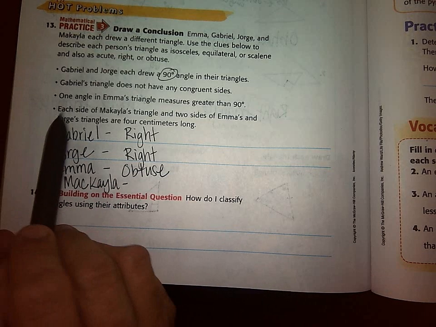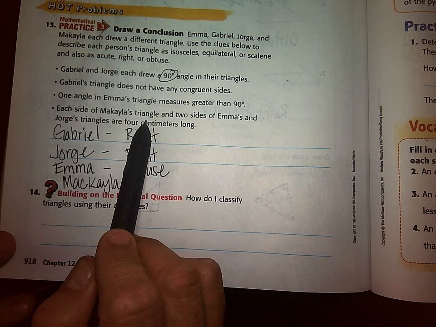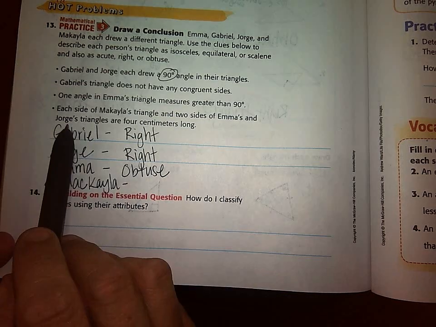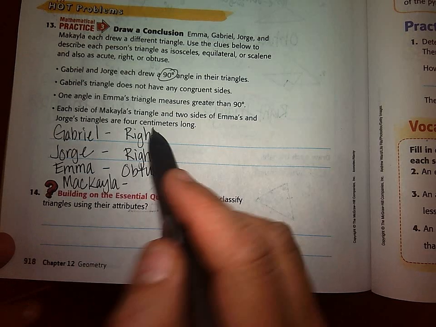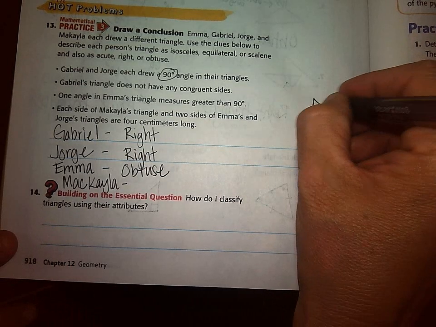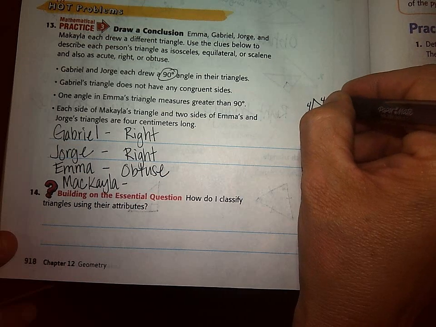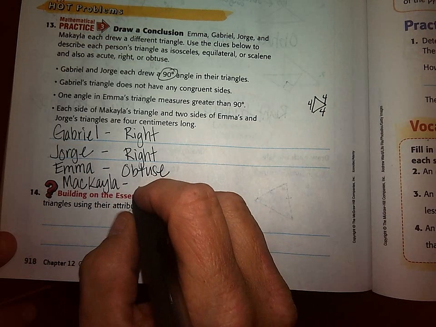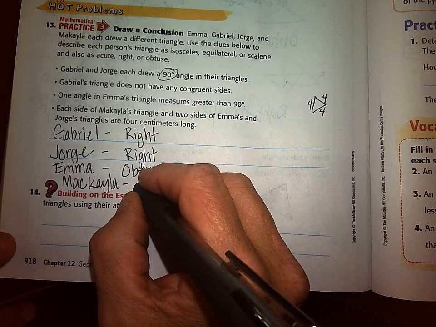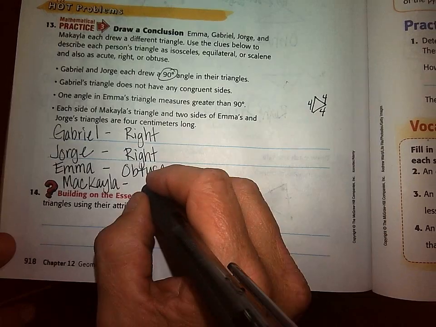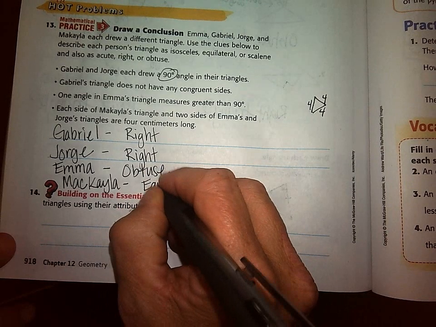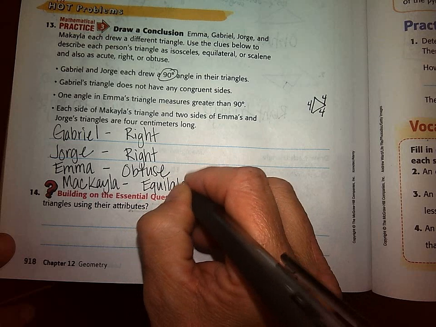Okay, each side of Michaela's triangle and 2 sides of Emma's and Jorge's are 4 centimeters long. So Michaela has one that's 4, 4, and 4. So we know that Michaela's has to be an equilateral triangle. Equilateral.